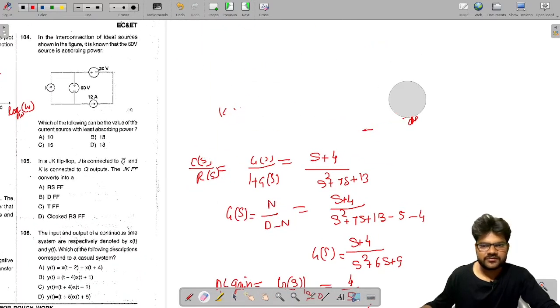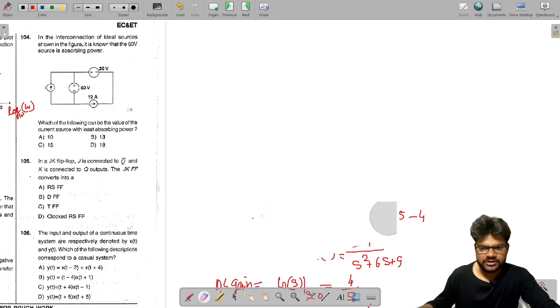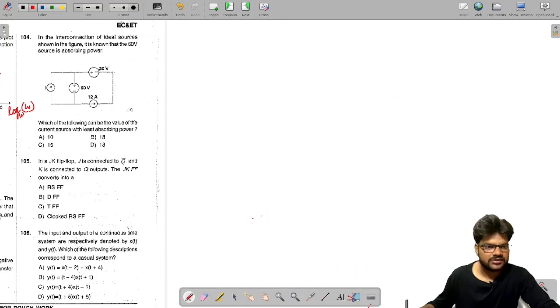The question is from network theory, and it says that in the interconnection of ideal sources shown in the figure, it is known that the 60 volt source is absorbing power. Which of the following can be the value of the current source with least absorbing power? We have to find the value of I, and we are given that the 60 volt source is absorbing power.